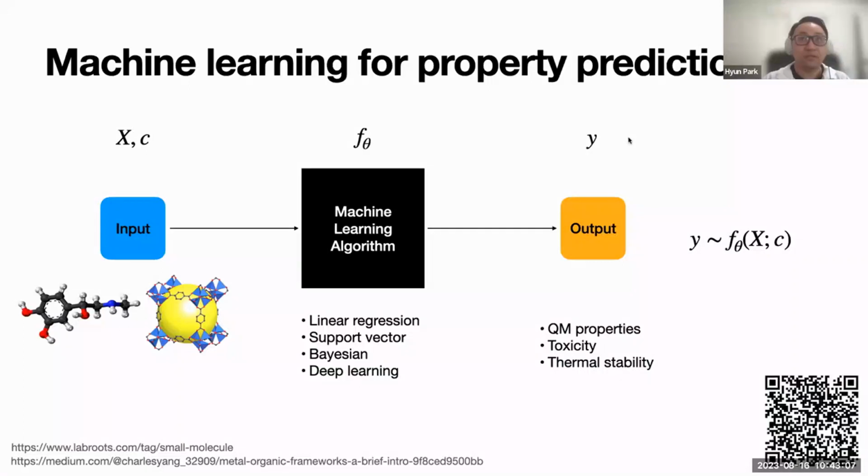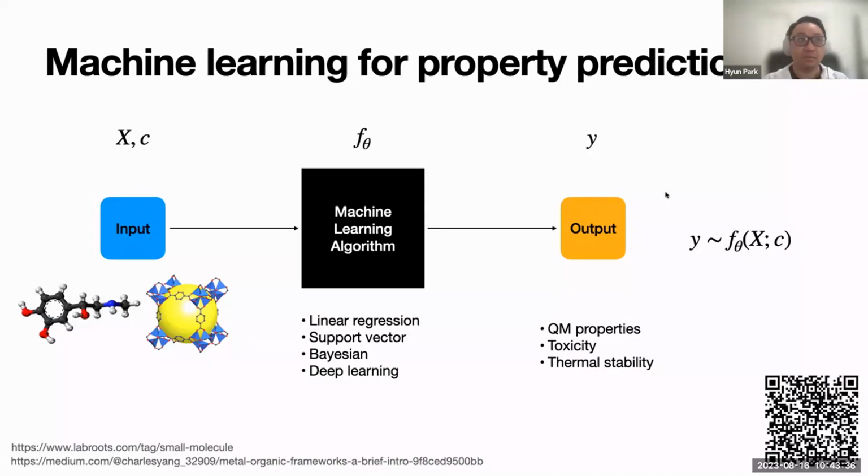Putting all of these things together, we can write it this way. Y is either sampled from or is equal to some machine learning algorithm f of theta. Theta is the parameters. In a neural network, it's called weights and biases. In linear regression, it can be slope and intercept, like y equals ax plus b, where a and b are the parameters theta.